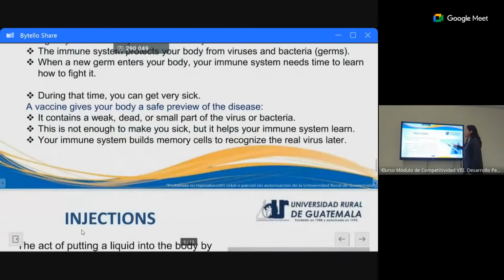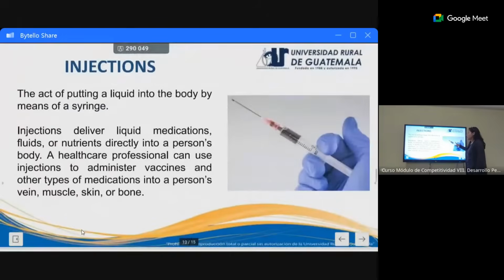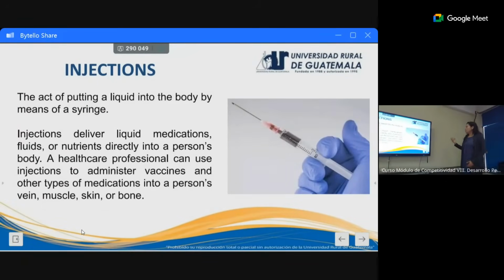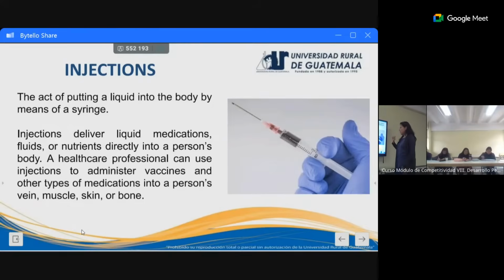Now, when talking about injections, this is the act of putting a liquid into the body by means of a syringe. Injections deliver liquid medications like fluids or nutrients directly into a person's body. A healthcare professional can use injections to administer vaccines.